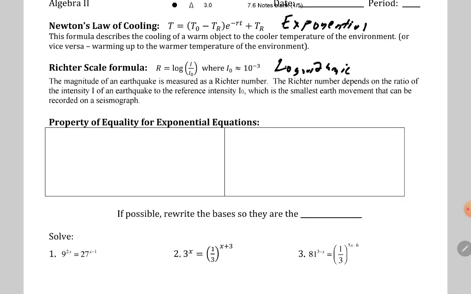So, property of equality for exponential equations. If x equals y, then b to the x equals b to the y. So that means if 3 to the x equals 3 to the 5, then x equals 5.